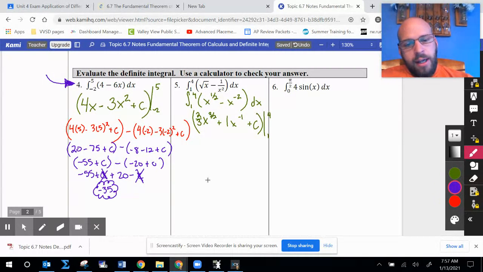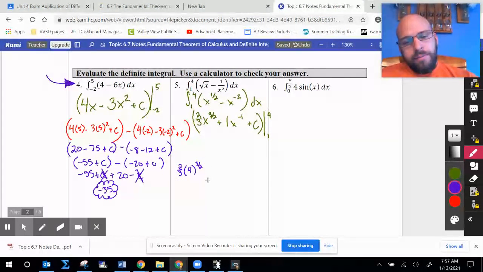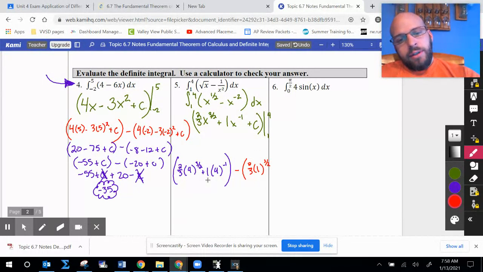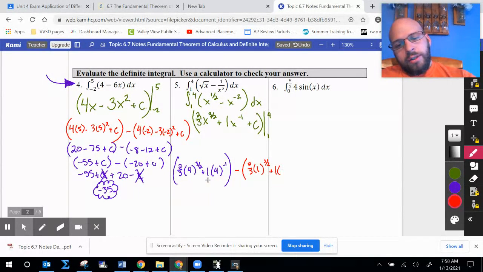So now I'm going to give myself a little room here: 2/3 times 4 to the 3/2 plus 1 times 4 to the -1. I'm not going to put my plus c because we know those are going to cancel. My lower limit is 2/3 times 1 to the 3/2 plus 1 times 1 to the -1.